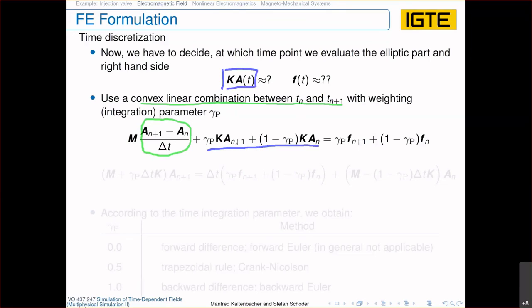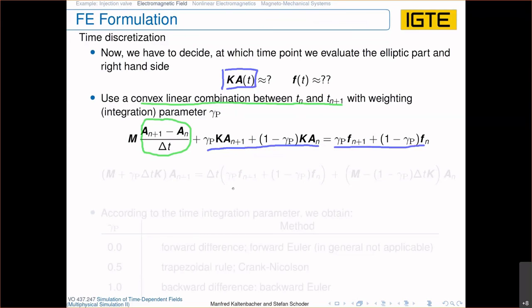We evaluate it at the new time step where we want to compute the magnetic vector potential and scale this with some parameter gamma p, and add to this the evaluation of the magnetic vector potential at the previous time step, which we should already have computed, and we scale this with 1 minus the integration parameter gamma p, and that is meant with the convex linear combination. And the same you do for the right hand side. You also do this combination between time step n plus 1 and time step n for the right hand side.